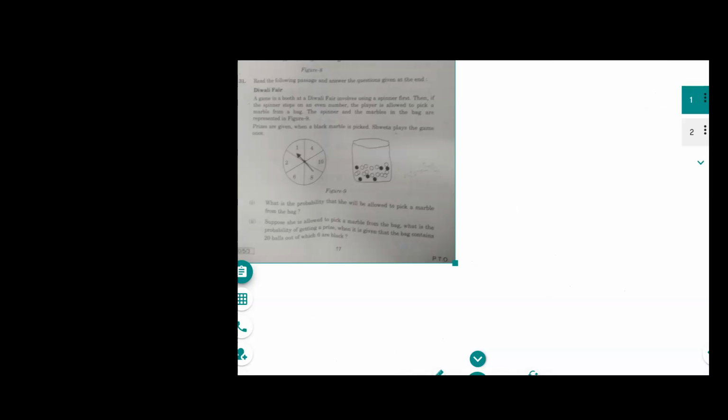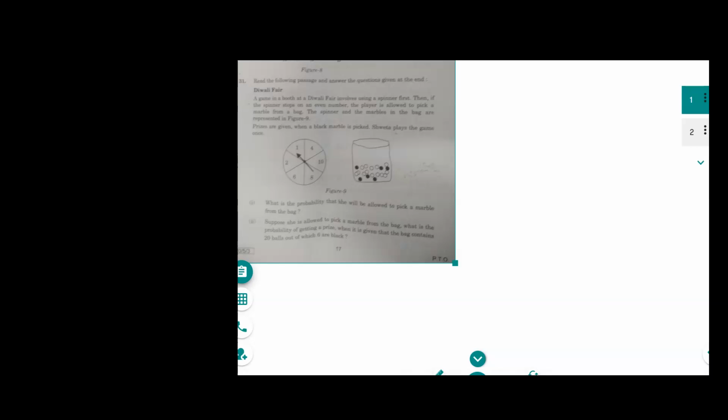The 31st problem. A game in a booth at a Diwali fair involves using a pointer first. Then if the spinner stops on an even number, the player is allowed to pick a marble from the bag. The spinner and the marbles in the bag are represented in this figure.